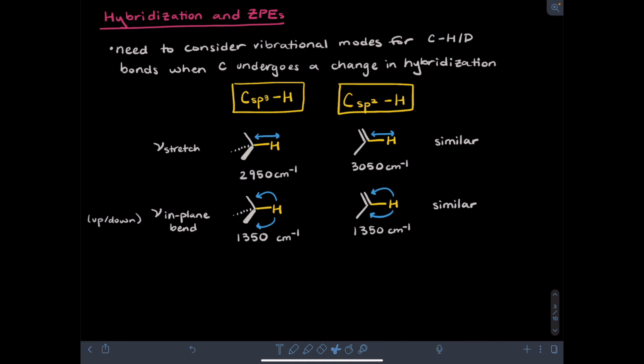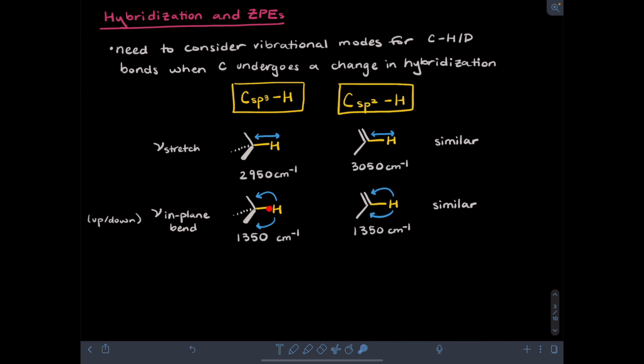To understand the effects of hybridization on zero-point energies, we can't just look at stretching vibrations, we have to look at bending ones as well. We didn't talk about these much in Chem 331 because they show up in the fingerprint region, below about 1500. One type of bend, or wag for a molecule, is called an in-plane bend.